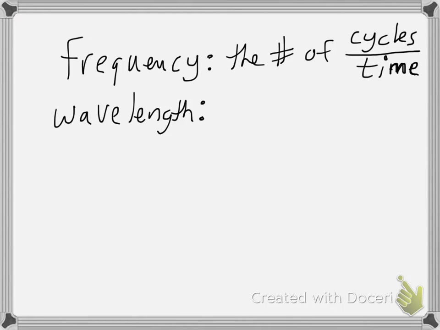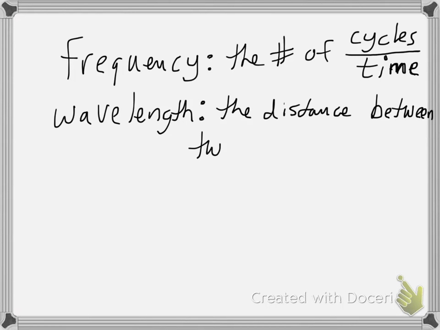And the wavelength is the distance between 2 points on 2 different waves that are the same, or 2 of the same points on different waves.